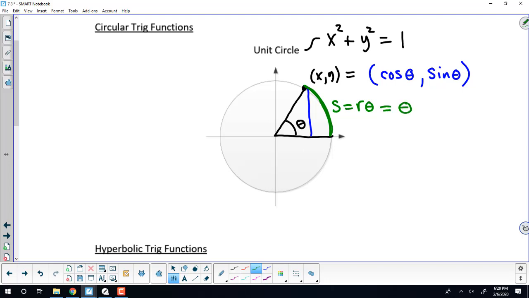Here that is just theta. So oftentimes, since we can characterize this length here by theta itself, let's call this t. If you look at other references for this, t and theta are the same thing, based off of that relationship. So sometimes, if we're describing it that way, we might have seen this point x, y described as cosine of t and sine of t.